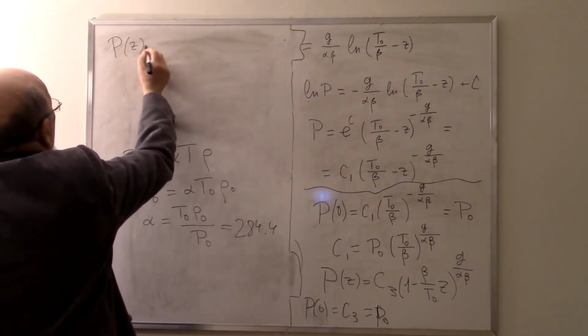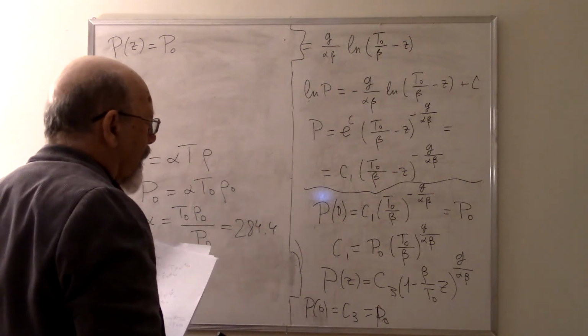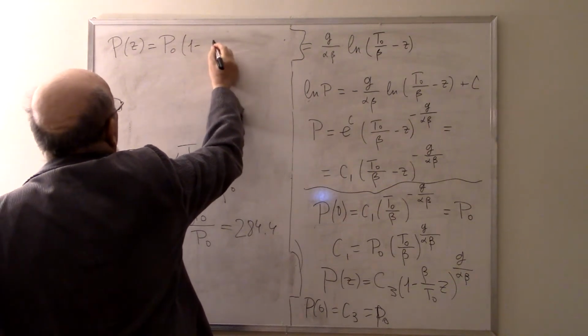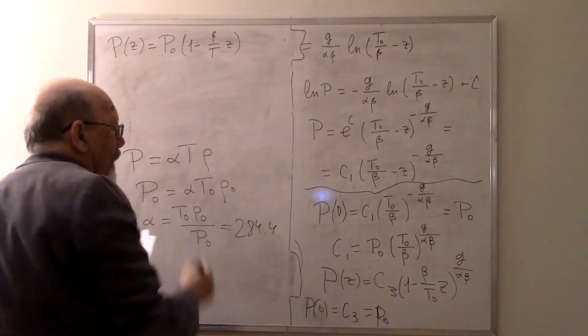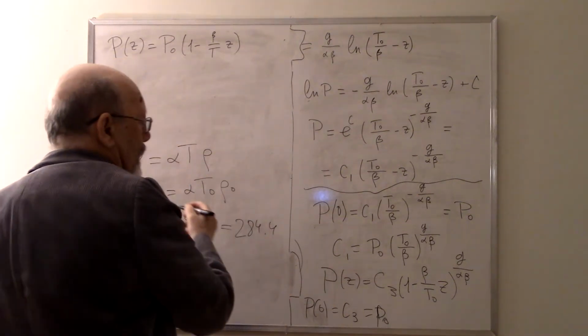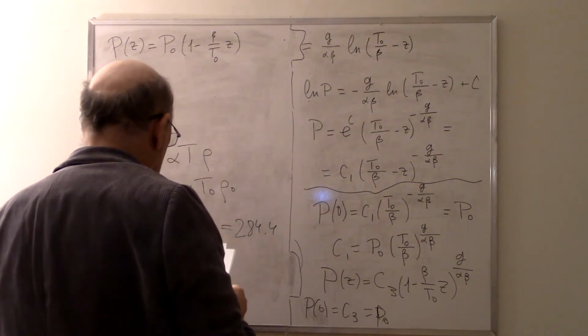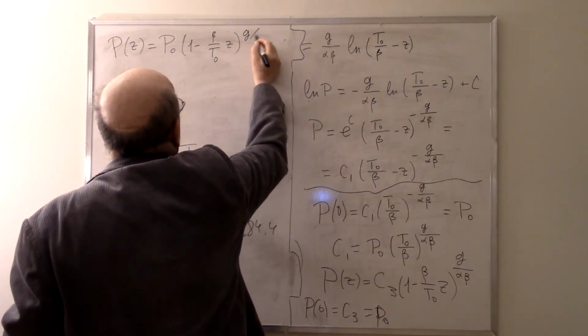P of Z equals P0 times (1 minus beta Z over T0) to the power G divided by alpha beta.